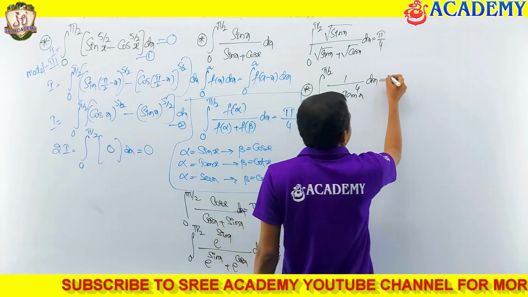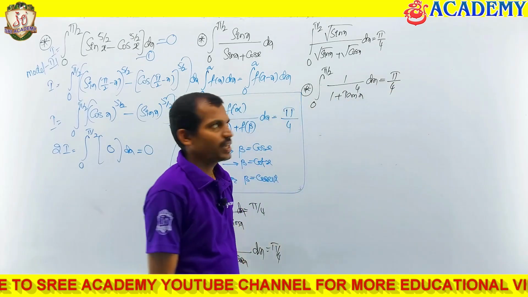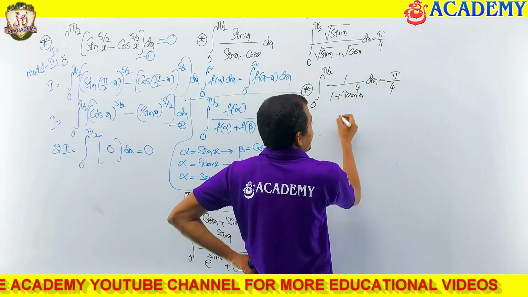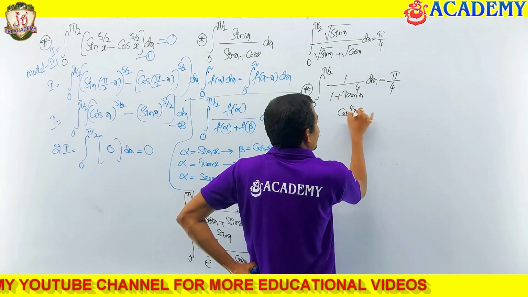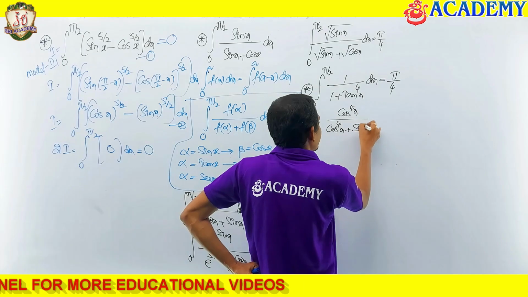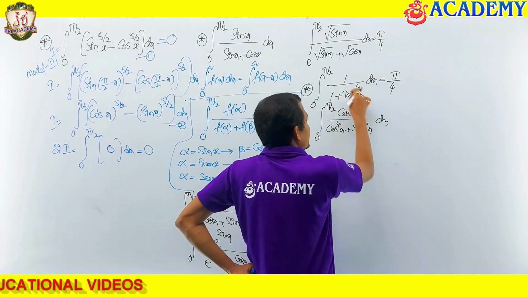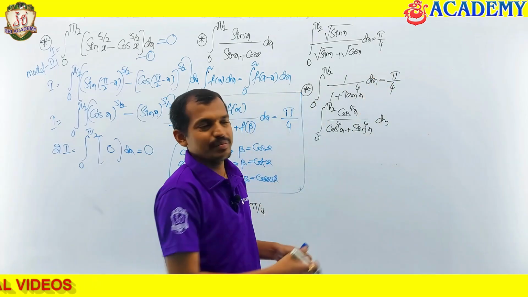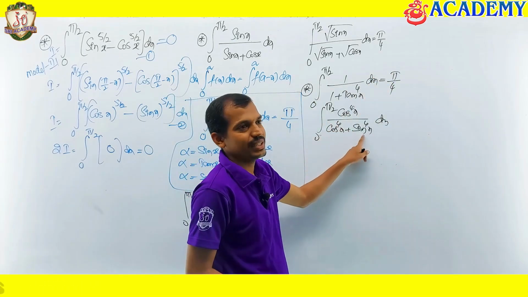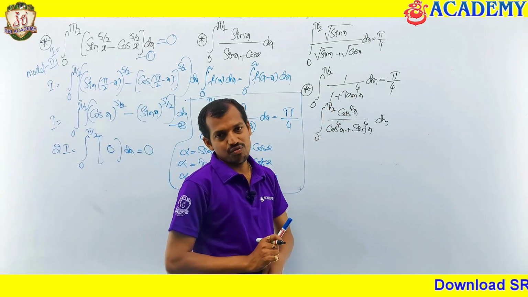I am saying for this one also the answer is pi by 4. Either we can write it as cos to the power of 4x divided by cos to the power of 4x plus sin to the power of 4x. Same question, sin by cos whole to the power of 4, LCM cos to the power of 4 by cos to the power of 4 plus sin to the power of 4, like this form. That's why the answer is going to be pi by 4.